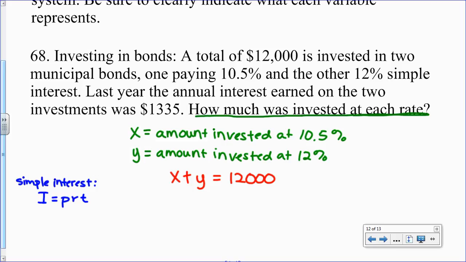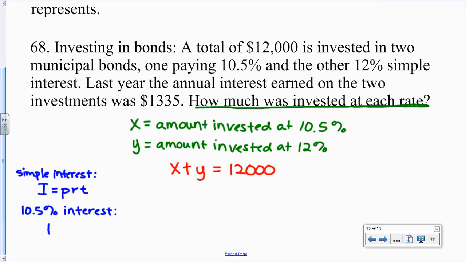That's I equals, P stands for amount you invest, so that's x, at 10.5%.